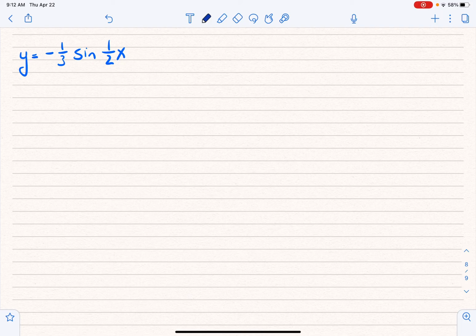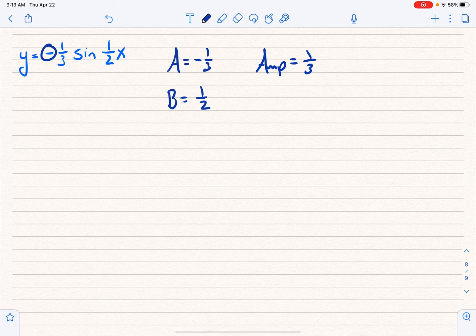So if a is equal to -1/3, that means that my amplitude is 1/3. And the fact that it's negative means I'm going to start by going down instead of going up. If my b value is 1/2, and I know that my period is equal to 2 pi over b, then that would mean that's going to be 4 pi. So my period got extended to 4 pi.